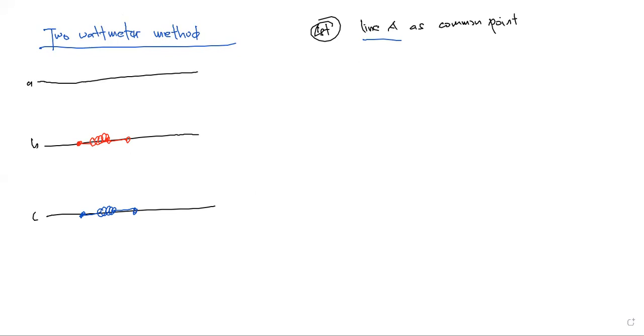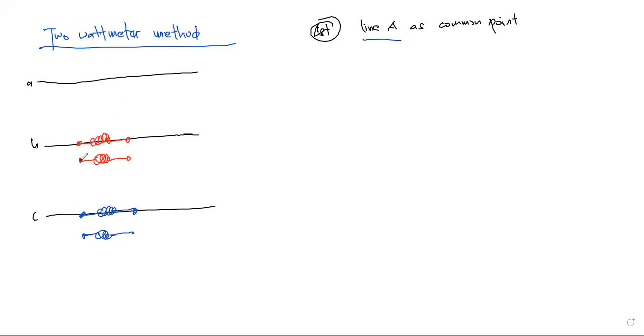Okay. Now, as indicated from the previous discussion, the potential coil will be placed directly below the current coil, such that the potential coil is like this one. Okay. So since line A is common, take note, the potential coil must be connected across the line.